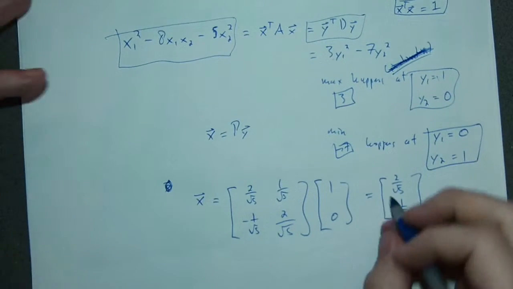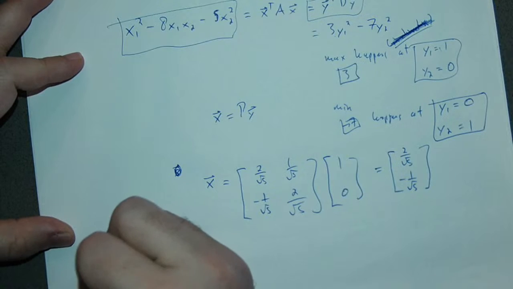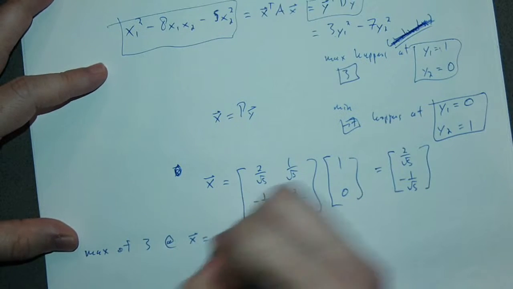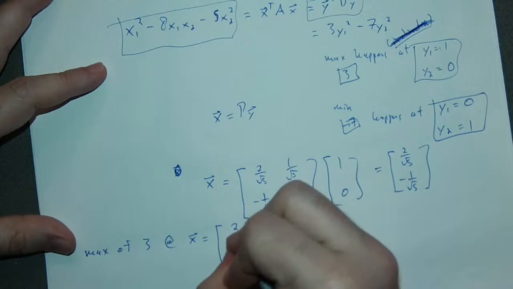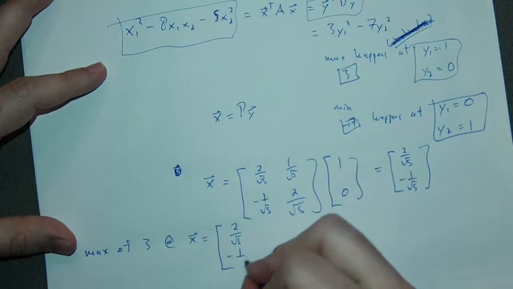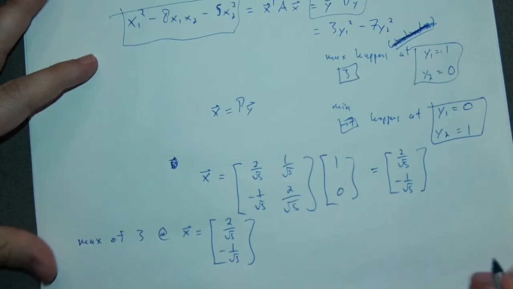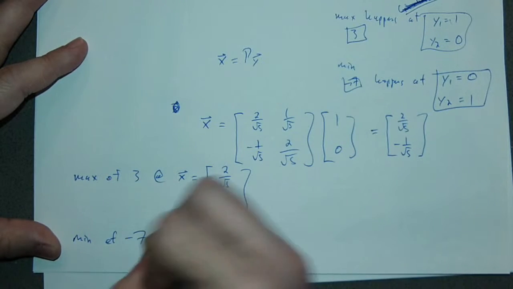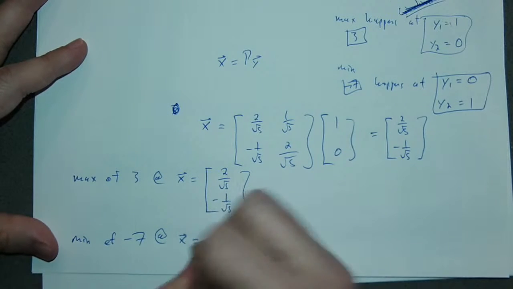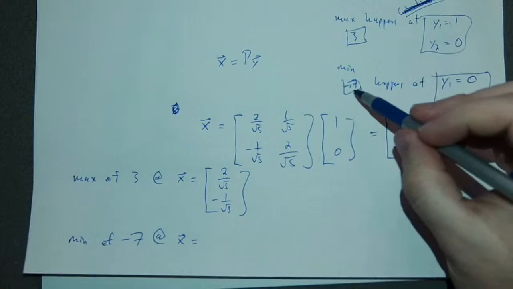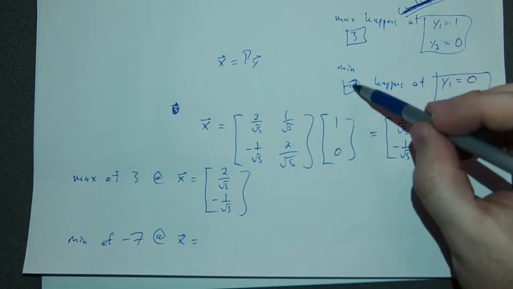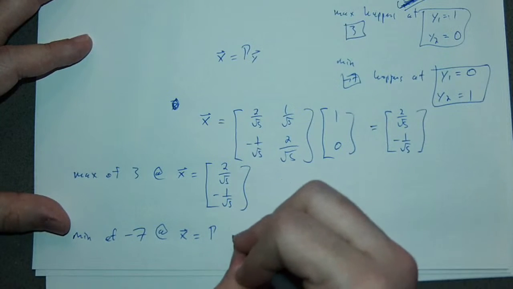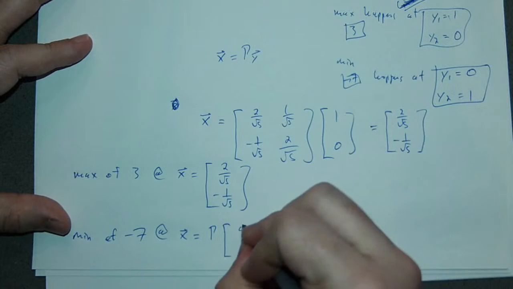So I have a max of 3 at x is that vector, 2 over root 5, minus 1 over root 5, and a min of -7 at x is, I'm going to do it in my head here, I'm still using P and multiplying by my other vector, which is 0, 1.